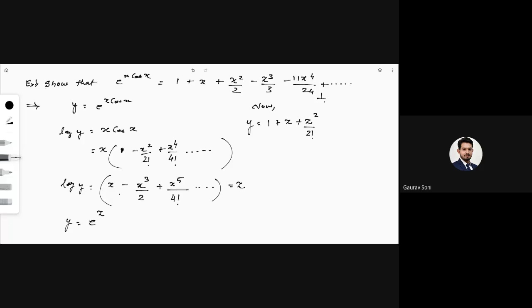What is the first term in z? Z is of power x. The power is x, and up to what power do I need to calculate? Up to x raised to 4. So x square, z cube by 3 factorial, I can write it down, plus z raised to 4 upon 4 factorial, and so on.